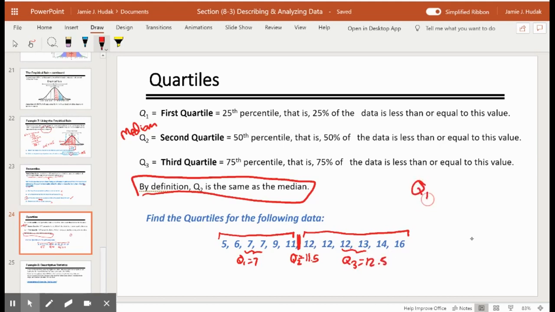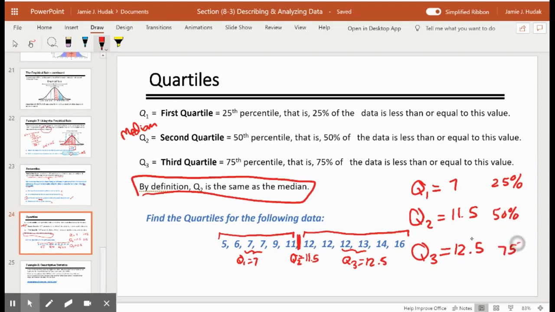So we have Q1 is 7, Q2 is 11.5, and Q3 is 12.5. That means 25% of the data is less than or equal to 7. 50% of the data is less than or equal to 11.5. And 75% of the data is less than or equal to 12.5.